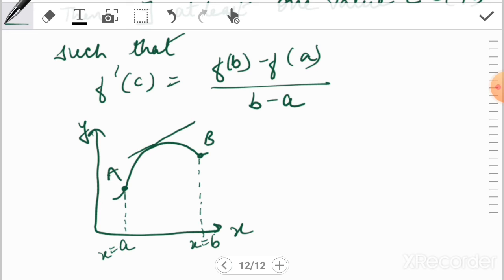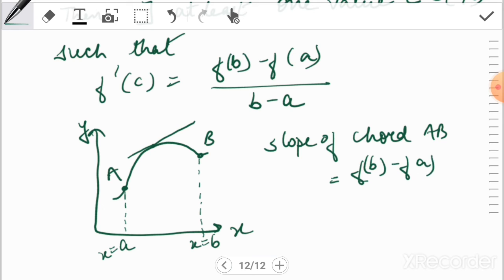Okay, so the slope of chord AB is equal to (f(b) minus f(a)) by (b minus a).